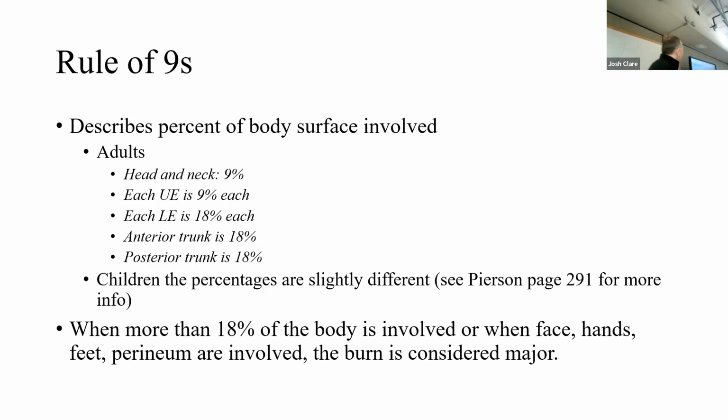Now, the rule of nines and knowing the degree of burns is important. At one point, the formula for risk of death was what percentage of the body multiplied by what degree equals your risk of death.